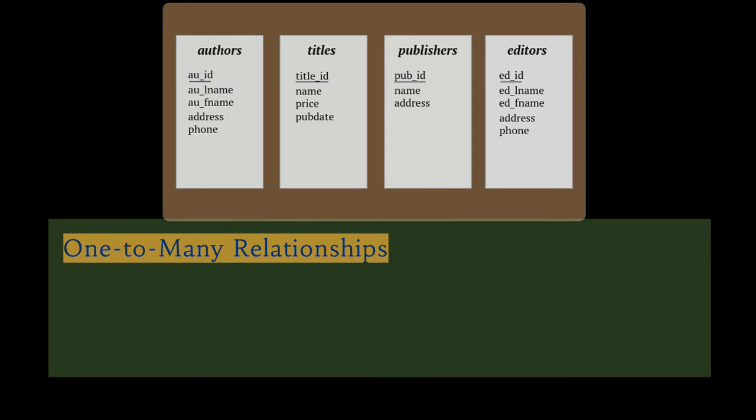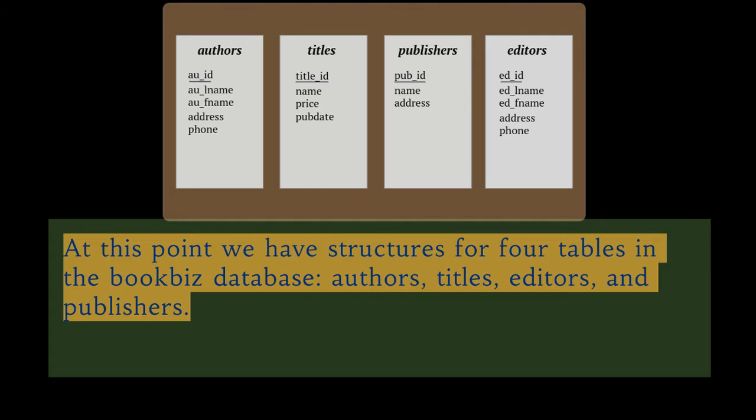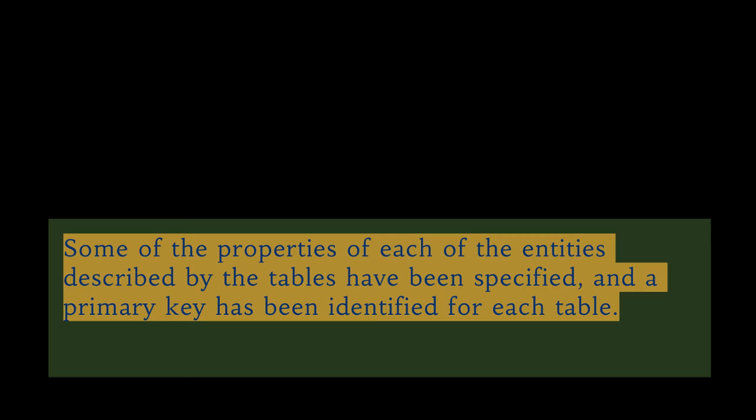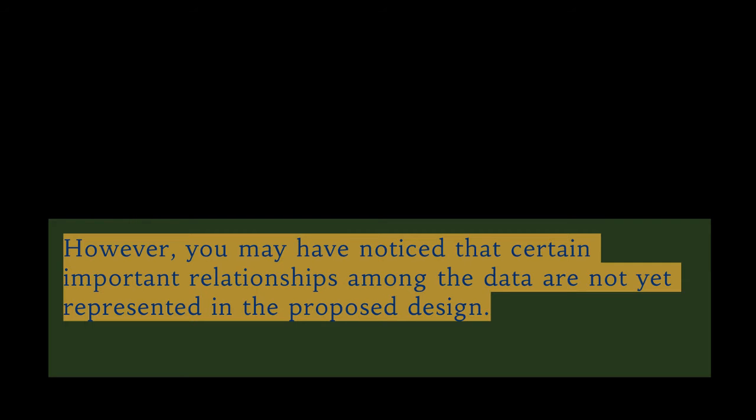One-to-many relationships. At this point, we have structures for 4 tables in the book Biz Database: authors, titles, editors, and publishers. Some of the properties of each of the entities described by the tables have been specified, and a primary key has been identified for each table. However, you may have noticed that certain important relationships among the data are not yet represented in the proposed design.